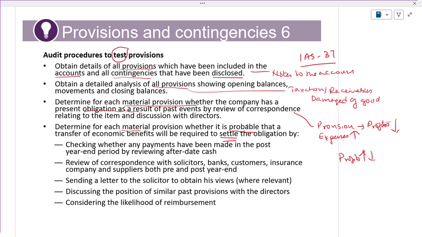Otherwise, just for the sake of provisions, we cannot do that. If you are making provisions left, right, and center, it will affect your profits. Expenses will increase and profits will decrease.